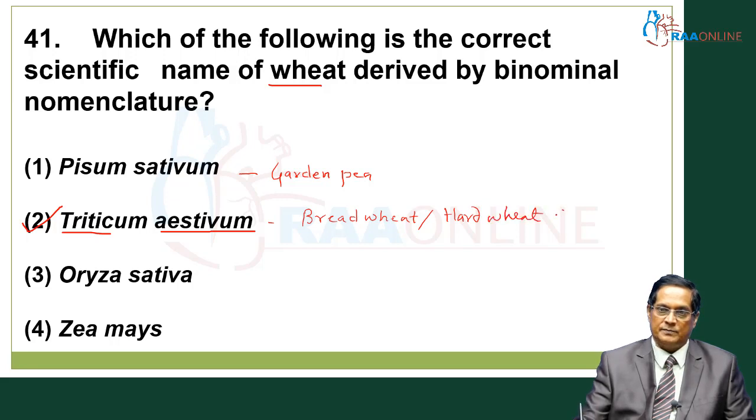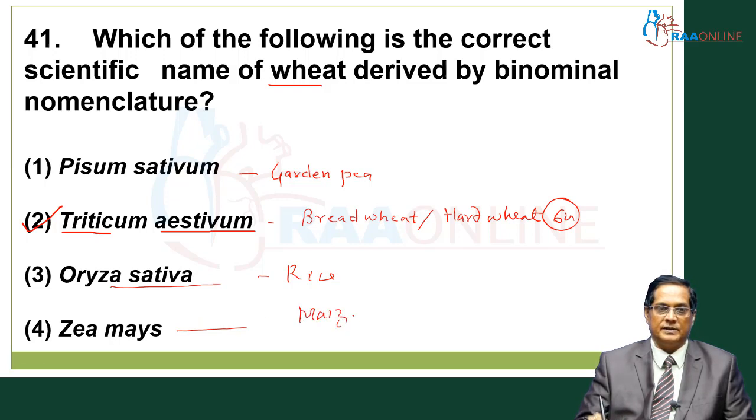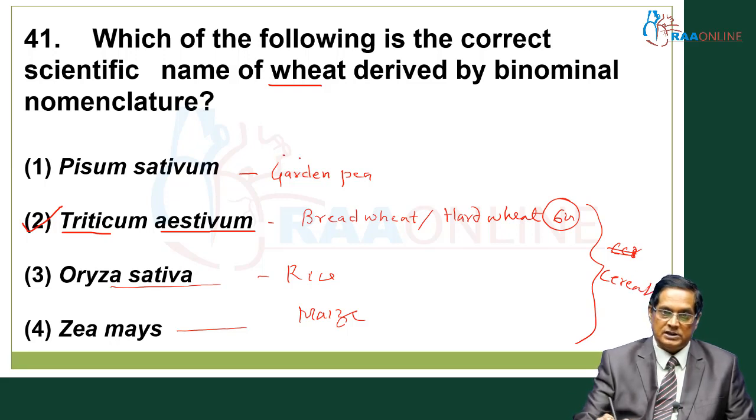It is hexaploid, or 6N. Oryza sativa is the scientific name for rice. Zea mays is the scientific name for maize. These three are cereals, whereas Pisum sativum is a legume. These are all the informations.